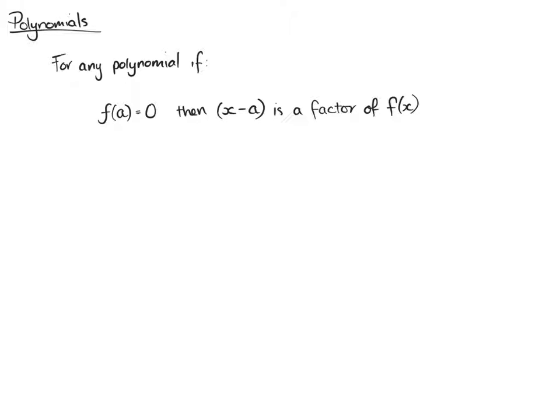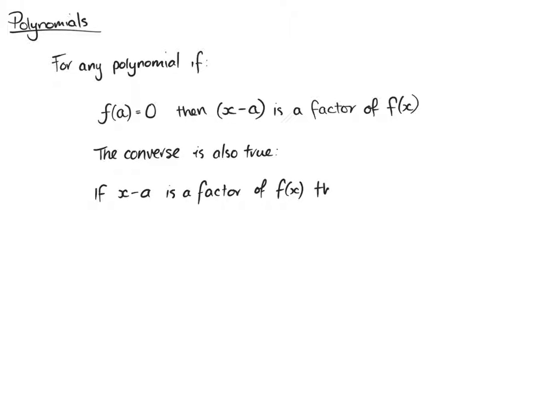And the converse, or the opposite, is also true. That is, if x minus a is a factor of f of x, then f of a equals 0. So if we put that a value into our polynomial, we will get an answer of 0.